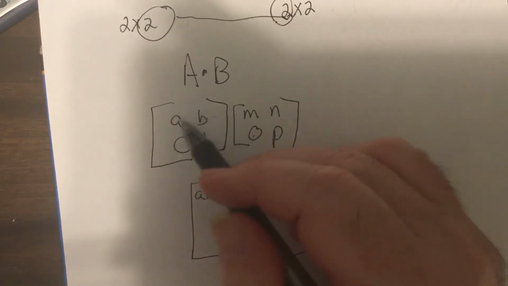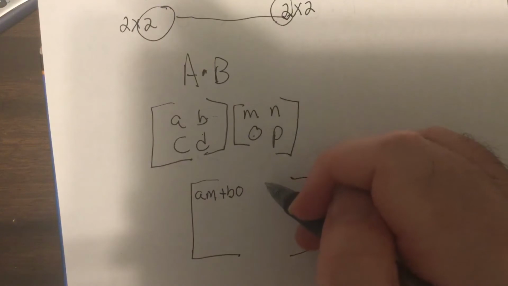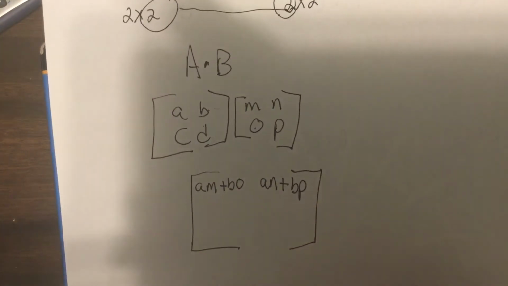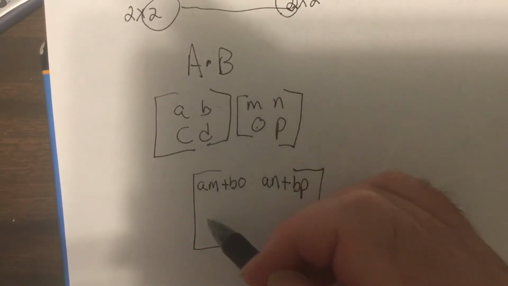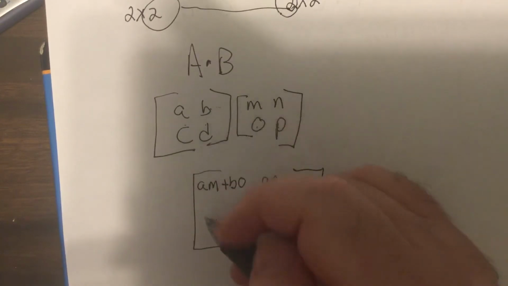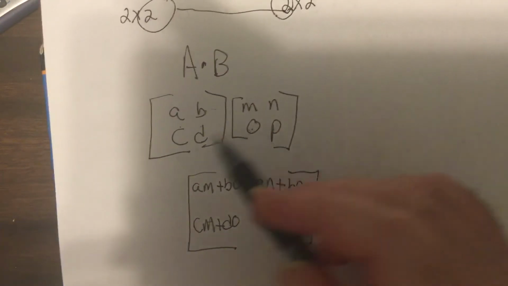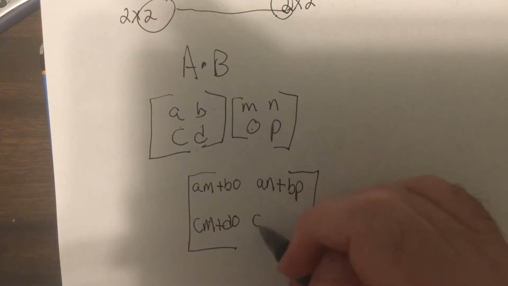Then the first row to the second column, AN plus BP. Now you go the second row to the first column, CM plus DO. And then the second row to the second column, CN plus DP.